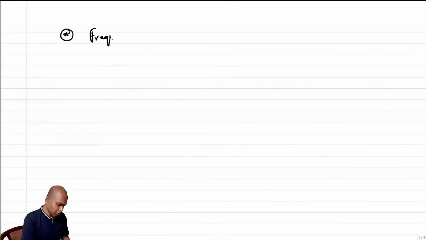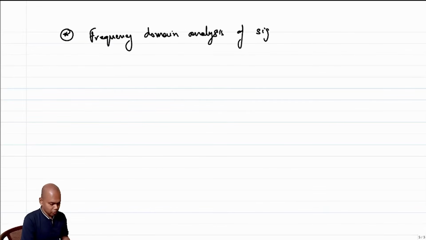Now, in order to learn both noise and distortion, we need to be comfortable with the frequency domain analysis of signals, right? When I say frequency domain analysis, what do I mean?